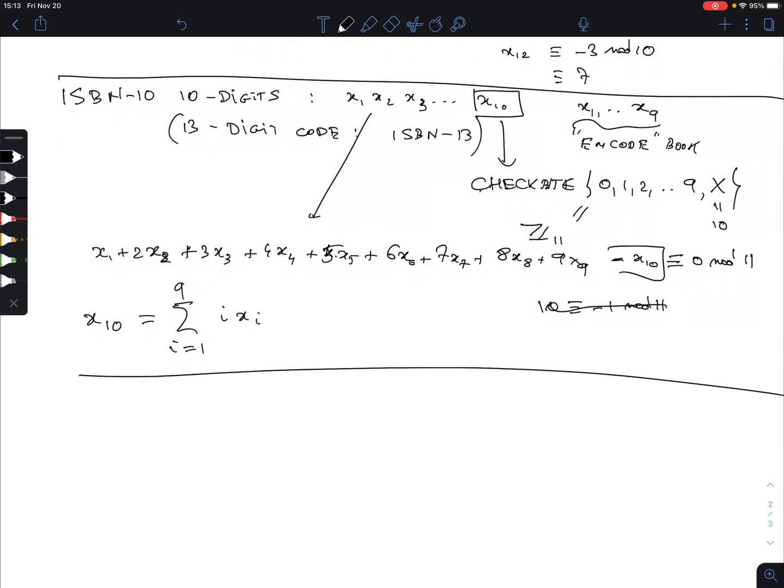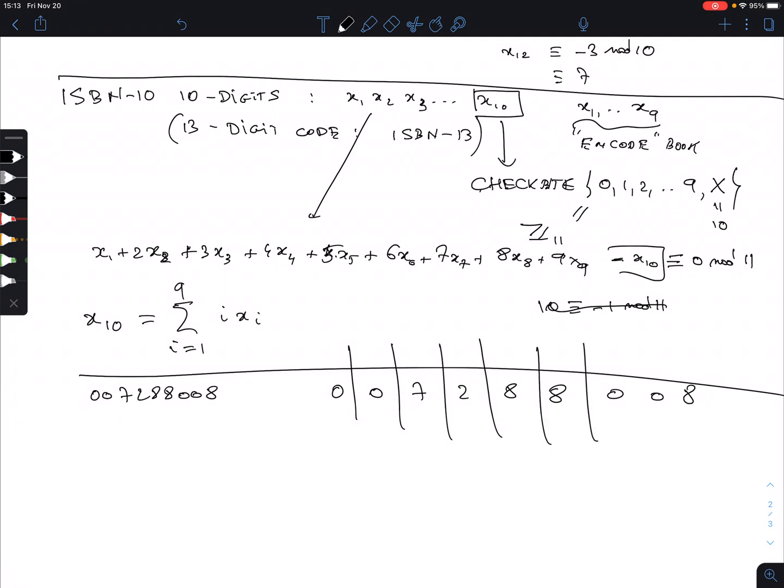Suppose our book that we want to publish has, we assigned it this number. Sorry, let me write it a little bit bigger because I have to do calculations. So again, we have to multiply these quantities.